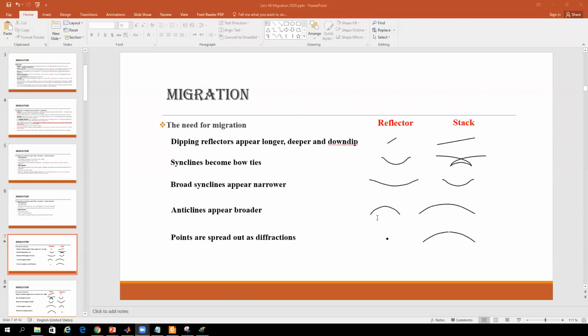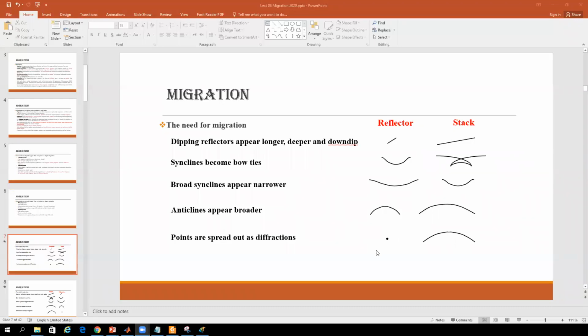So why do we need the migration? The migration is actually needed because we have learned that seismic stack sections, which we obtain after the NMO corrections, will give us a fake image of the earth, or a distorted image of the earth which we cannot rely on and we cannot trust. There are too many distortions, and these are some examples.